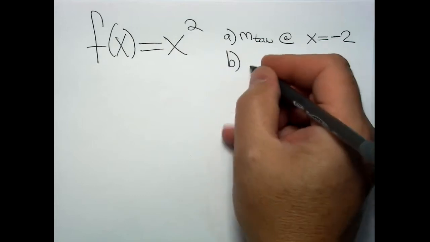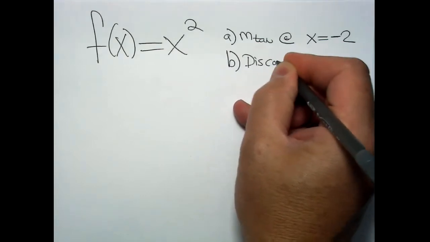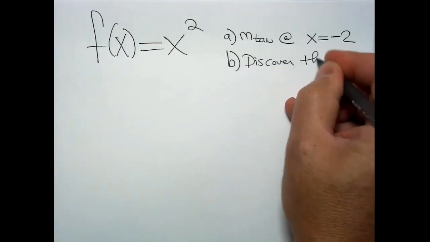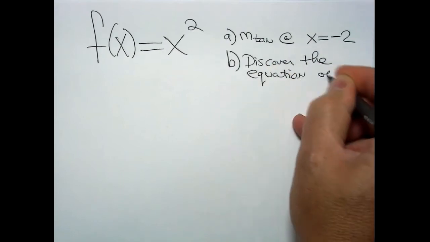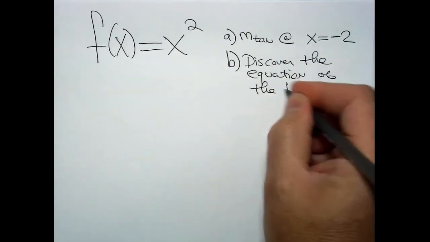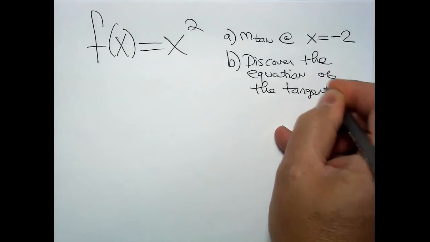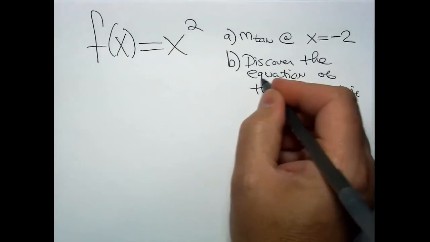It's one unique line. If it's one unique line, it must have its own equation. So I want you to discover the entire equation of the tangent line. And that's what we're going to do next.